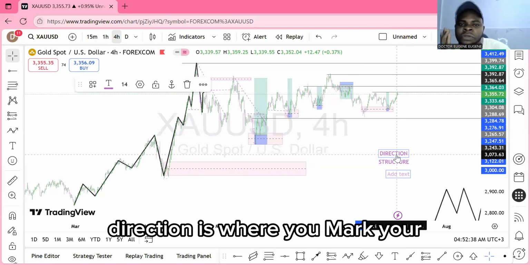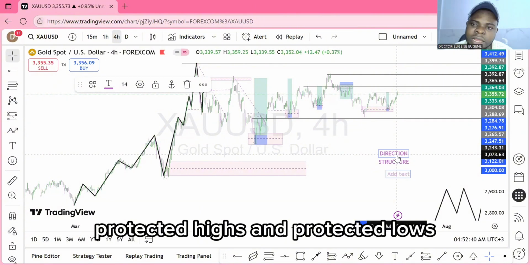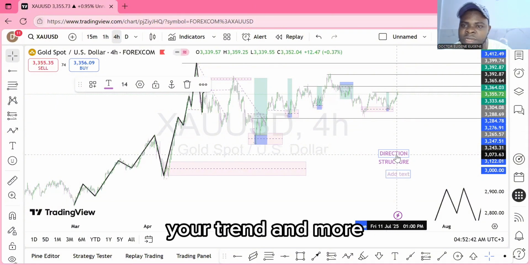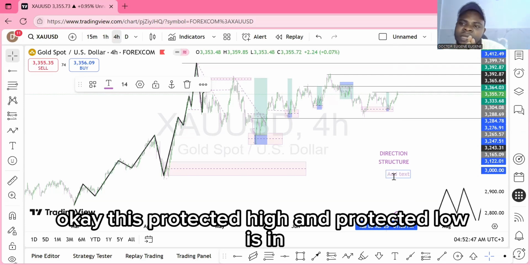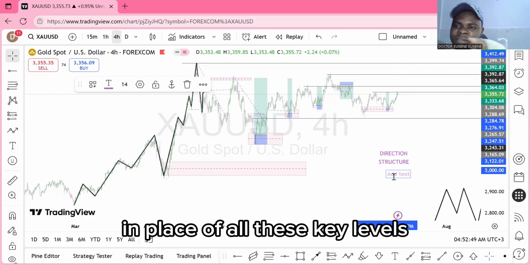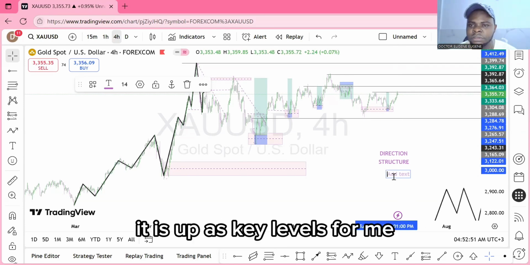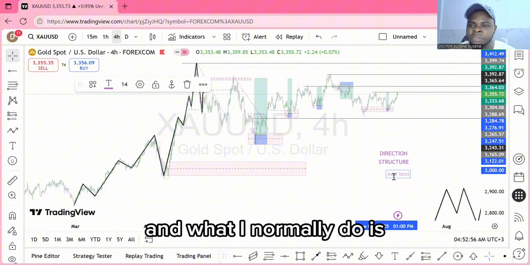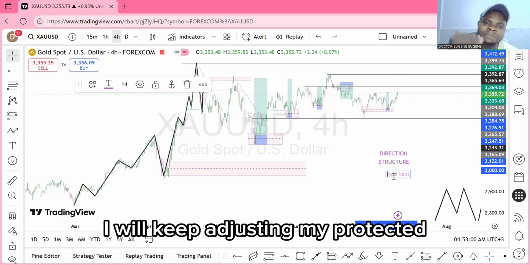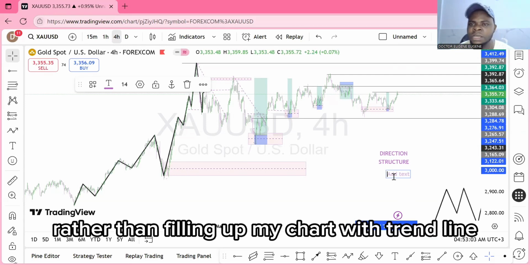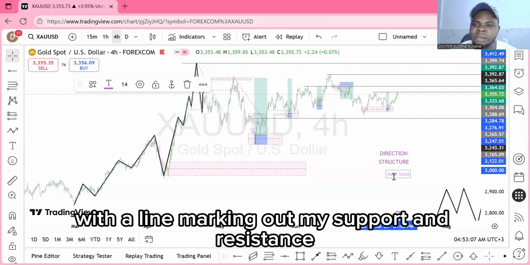Direction is where you mark your protected highs and protected lows, your trend, and more. Okay, these protected highs and protected lows are in place of all these key levels. They serve as key levels for me. And what I normally do is, as the market is pushing up or down, I keep adjusting my protected highs and protected lows, rather than filling up my chart with trend lines, with lines marking out my support and resistance.